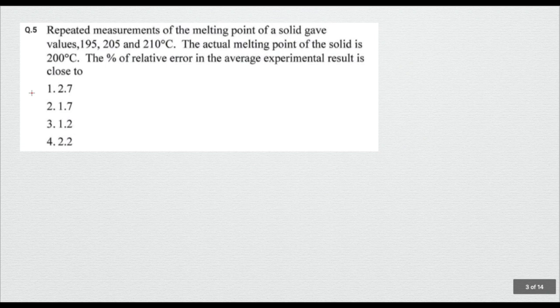It says that a repeated measurement of the melting point of a solid gave values 195, 205 and 210 degrees Celsius. The actual melting point of the solid is 200 degrees Celsius. The percentage relative error in the average experimental result is, okay. So they are asking about the relative error in the average experimental result. First of all, try to find out the average experimental value.